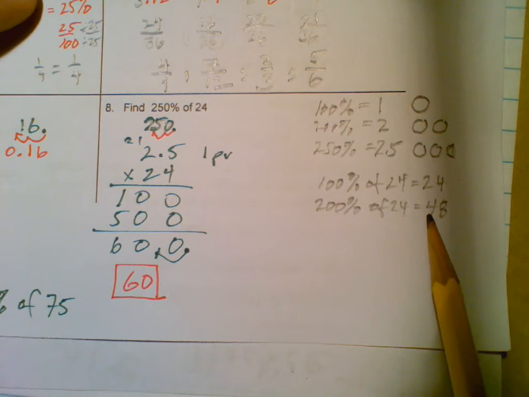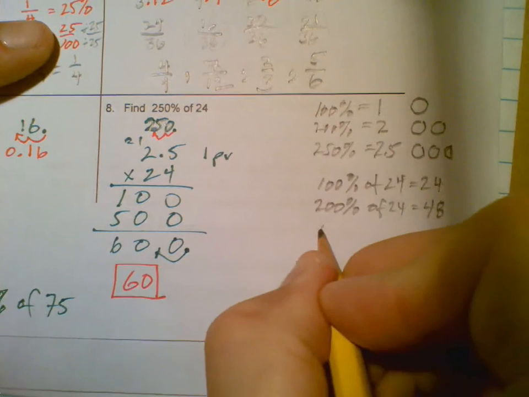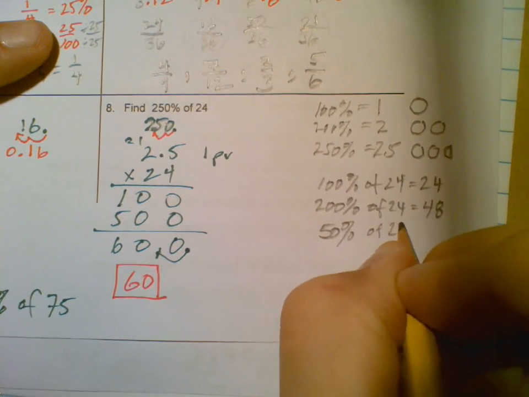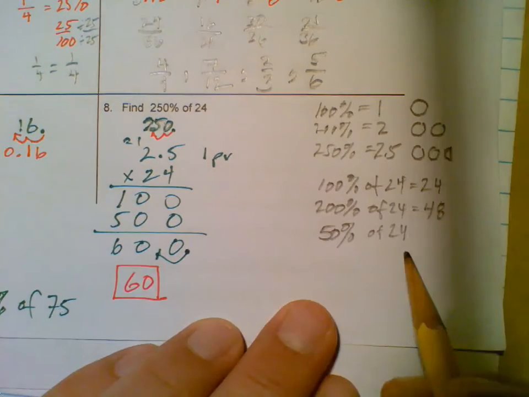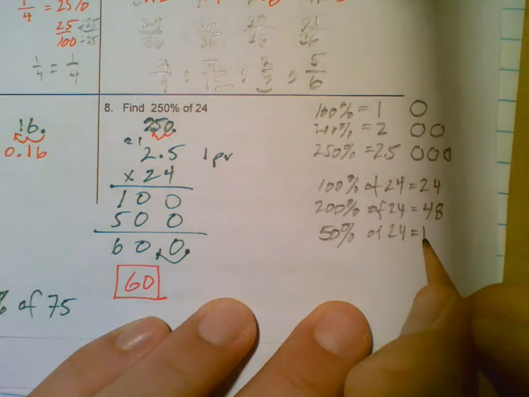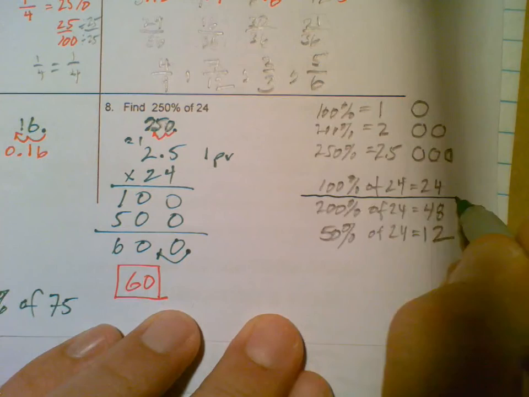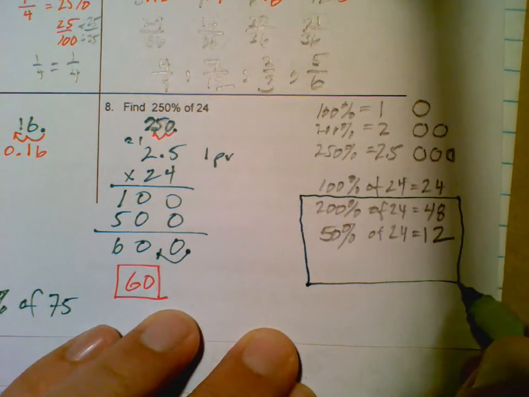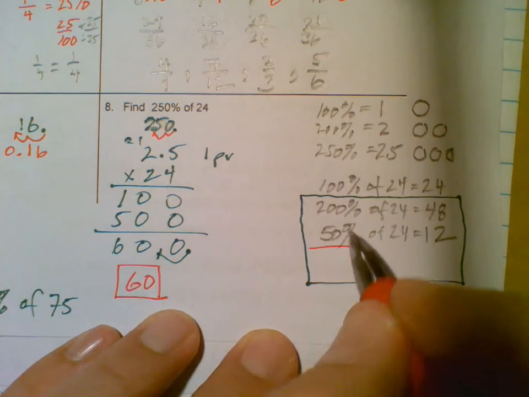As a matter of fact, if I think about what is half, or 50%, of 24, well, 50% of 24 is just half of 24. Half of 24 is 12. So if I look at just this portion here, 200% plus 50% is 250%.